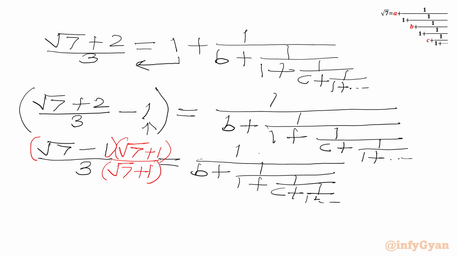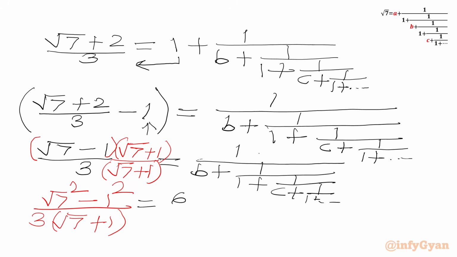Here we'll use the difference of two squares formula. So we'll write square root 7 whole square minus 1 whole square over 3 times square root 7 plus 1. Now root 7 square is 7, 1 square is 1. So we will write here 6 over 3 times square root 7 plus 1.